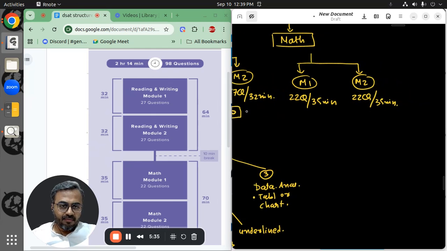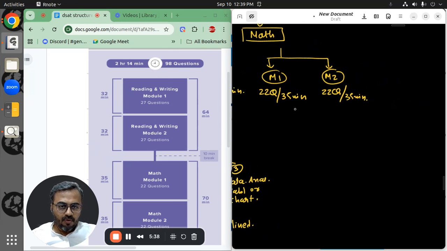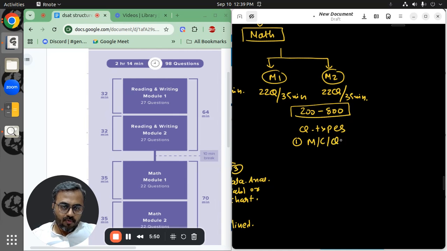In math, your scale score is 200 to 800. You have only two question types. One is MCQ, a question followed by four answer options. You have to choose the most appropriate one.